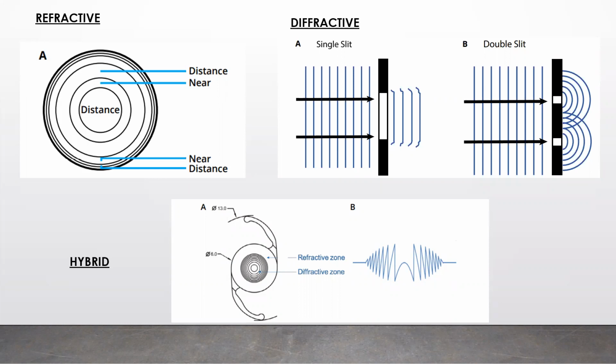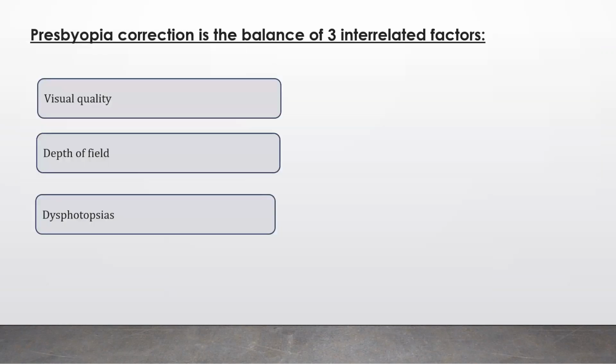A diffractive lens is mainly based on the constructive and destructive interference principle, where light rays overlap each other and can be focused at multiple distances. Mainly the multifocal lenses work on a hybrid principle, combining both the refractive and the diffractive principles.